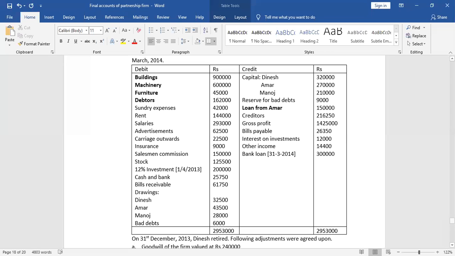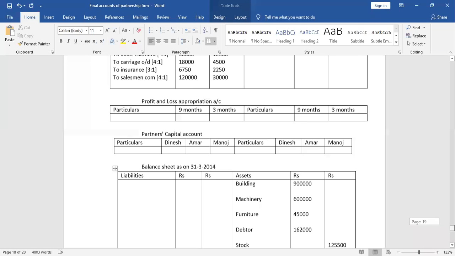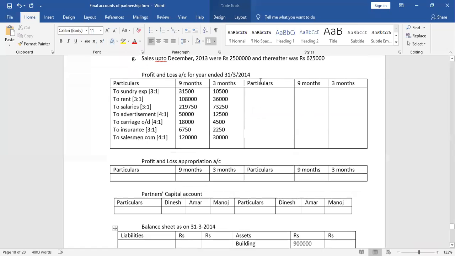Then we have cash and bank balance. But first, the outstanding interest has another effect that we also have to give, by interest on investment. We write that later: add outstanding, that is 12,000. We cannot write this 12,000 directly here; we have to divide this interest on investment.